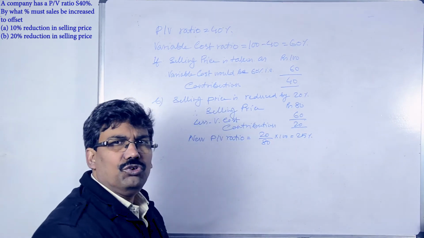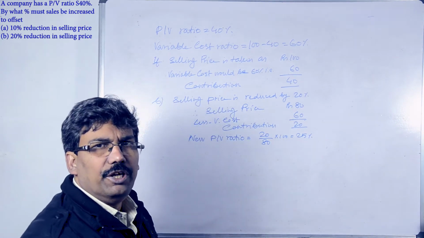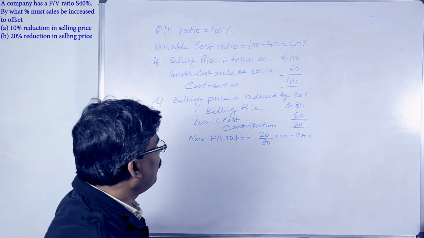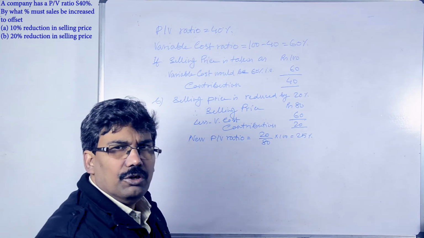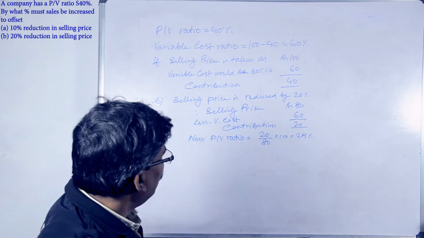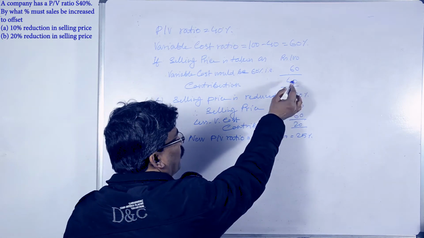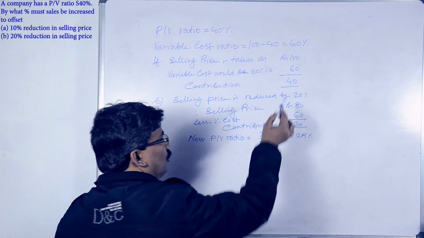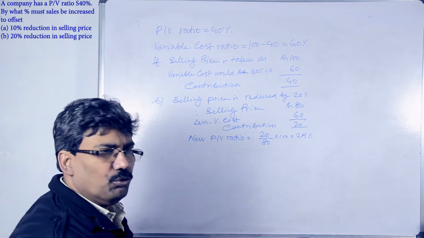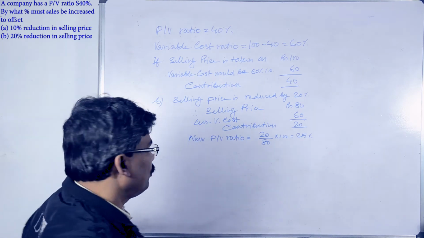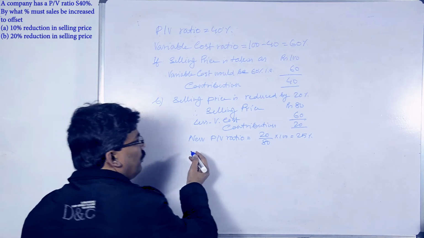In this case also, we have to calculate the increase in sales to offset that reduction in selling price. To offset means we have to earn the same amount of contribution again, it's 40 rupees. If you want to earn 40 rupees contribution, what will be the sales volume? Or sales volume is to be increased by what percentage? That you can find out in this way.